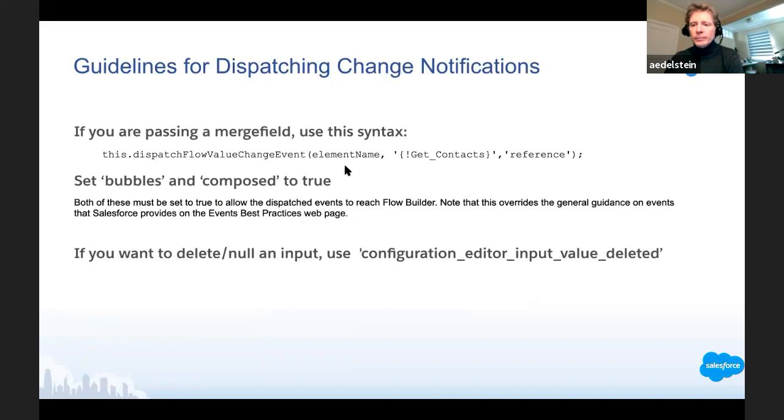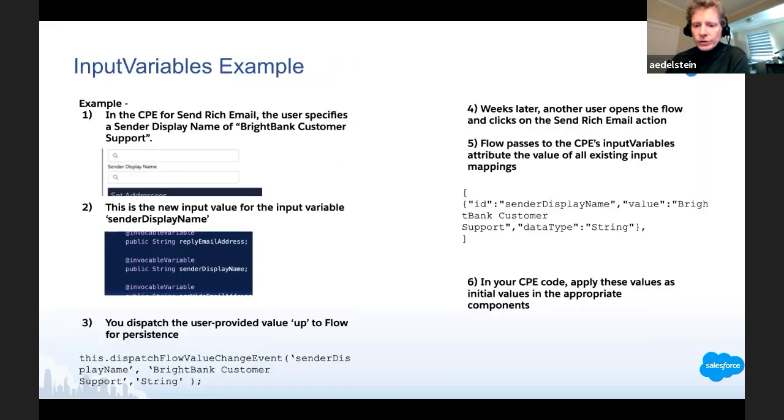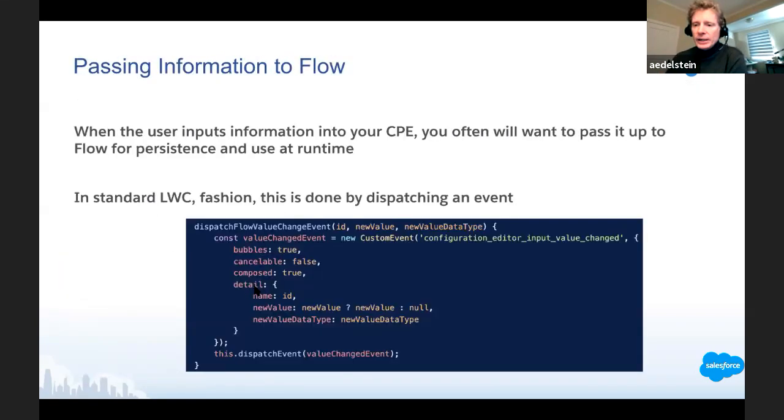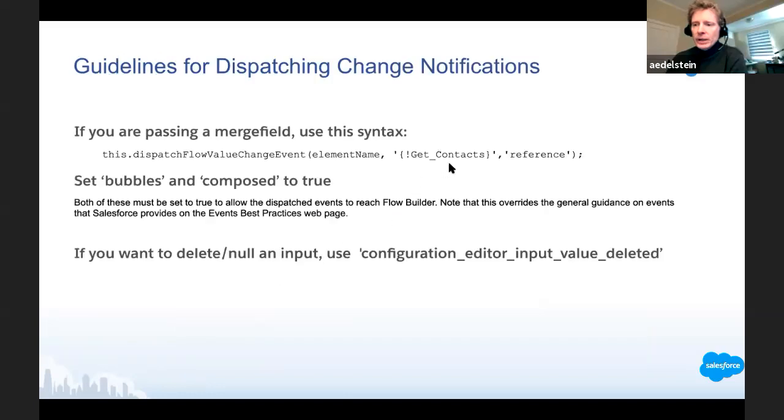Here's an example of those data structures. Essentially, the first value is the name of the attribute. So that's, going back here, the name of the attribute here is sender display name. So you have to tell Flow Builder which attribute this piece of change is affecting. The second piece of information is the value, and the third is the type.